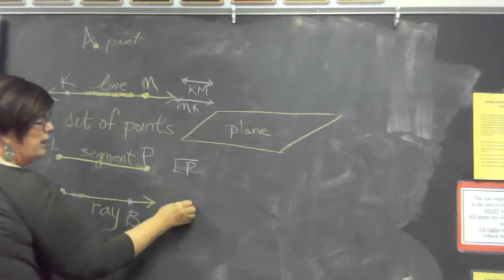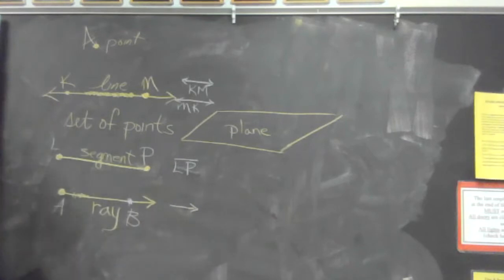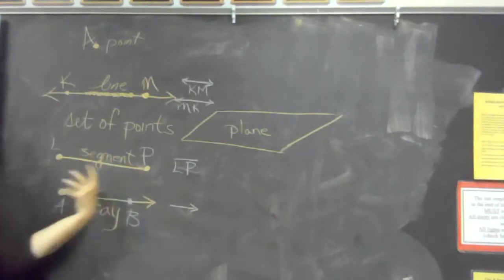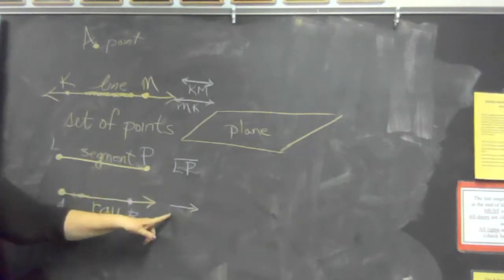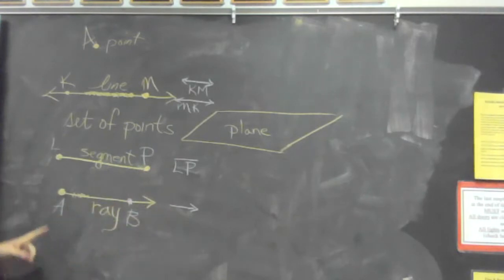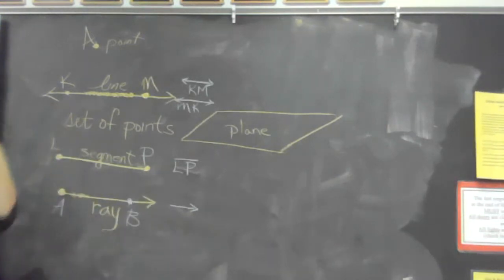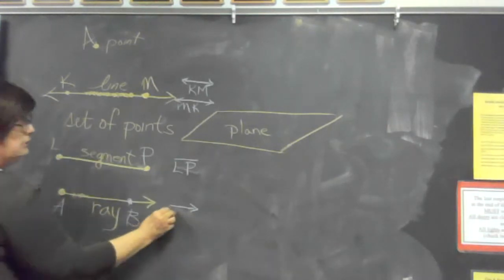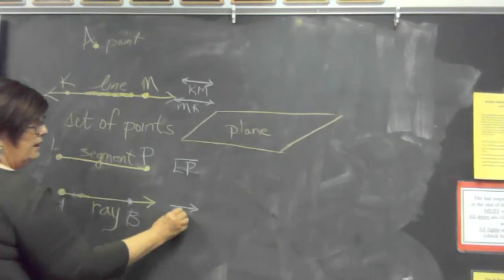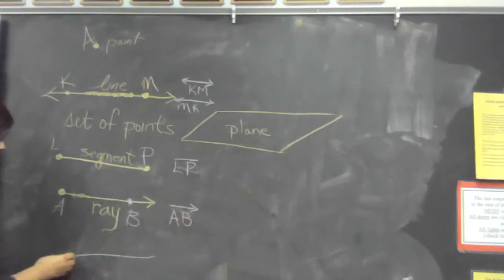We're going to call it a ray, and no matter which way it's facing, the first letter is going to be the endpoint. So you have to name the endpoint first. And then the other one is on the line somewhere. So this is ray AB.